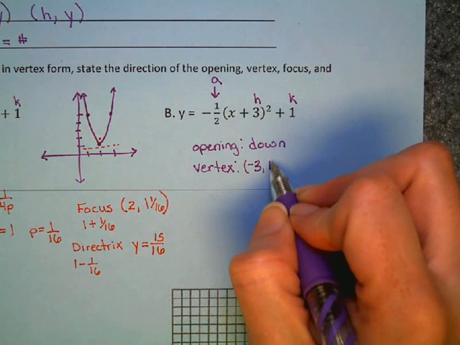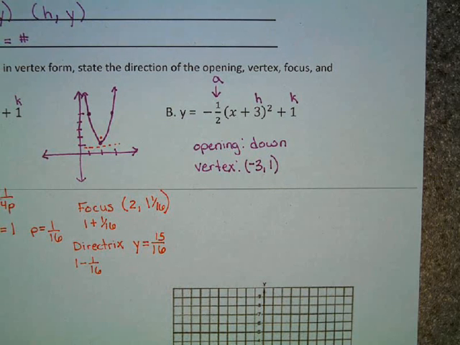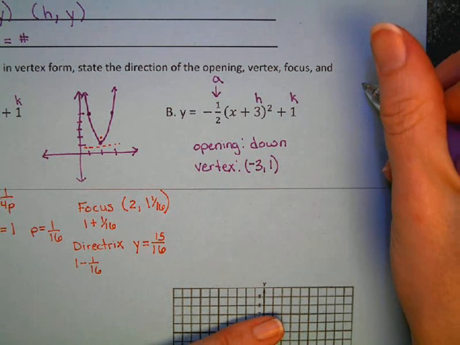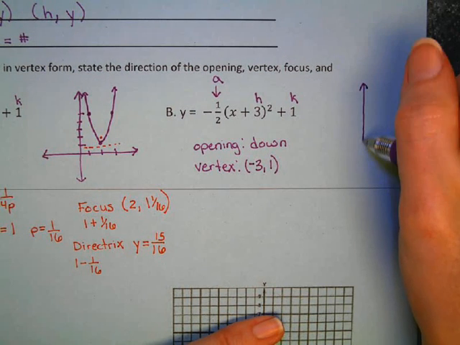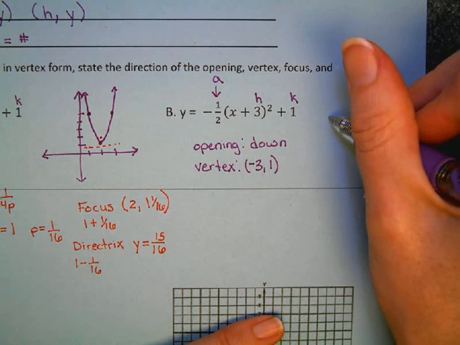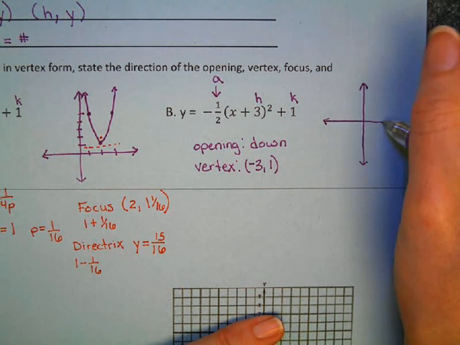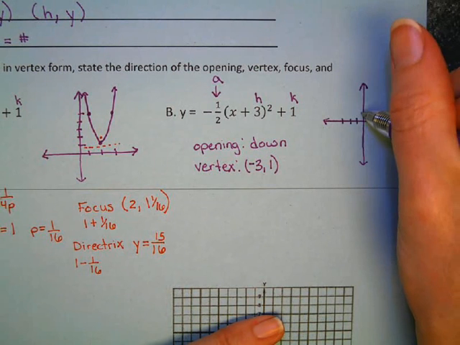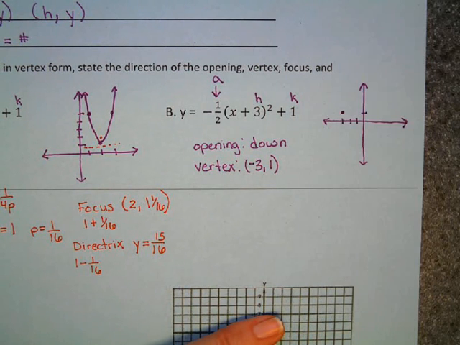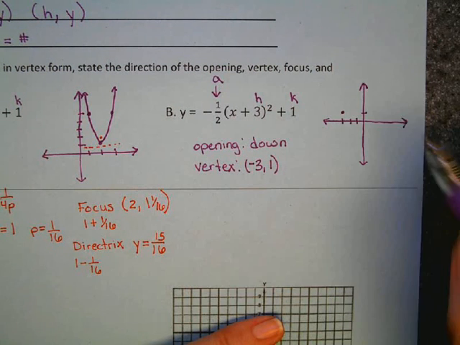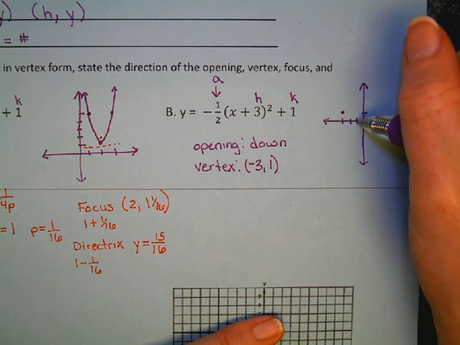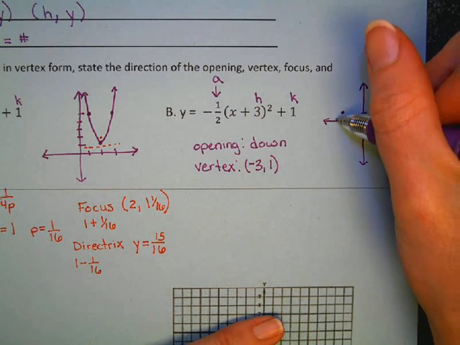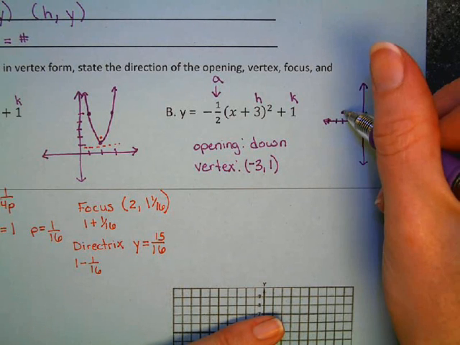Okay, so I'll go to the side and sketch my graph. -3, 1 right here. And then if you look at the A term, -1/2, I'm going to go down 1 over 2. So this is the direction of this parabola.